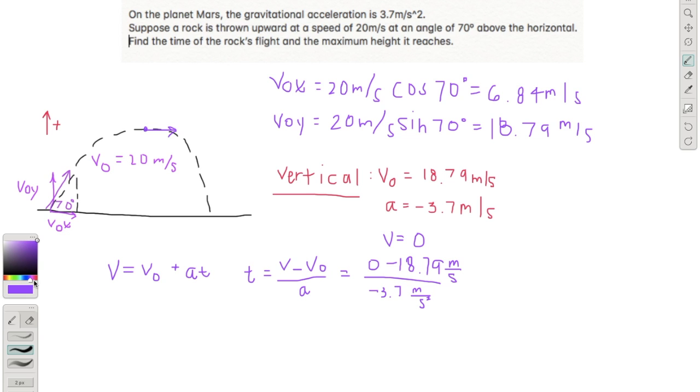Now the meters cancel out, and seconds squared cancels out, leaving one seconds variable. The negatives also cancel out, so we'll be left with a positive number.